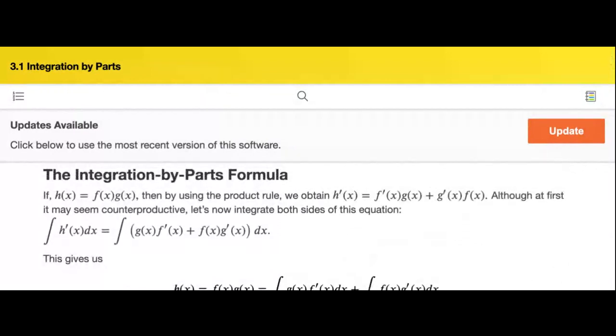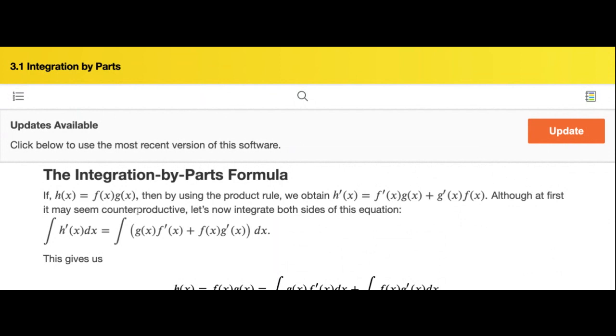All right, let's think about h of x as a product of two functions, h of x equals f of x times g of x. When we take a derivative of a product of two functions, we take the derivative of the first one multiplied by the second one, plus the derivative of the second one multiplied by the first one. That's the product rule.